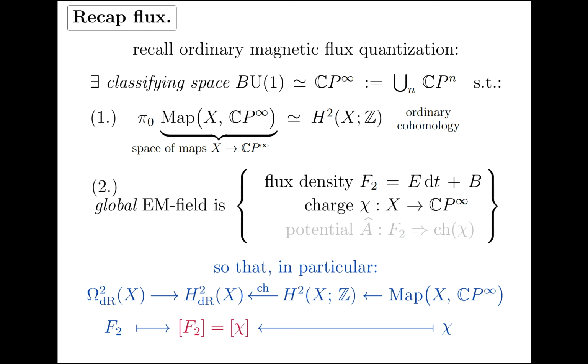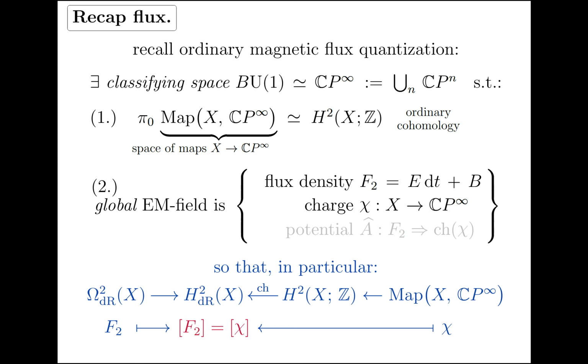And on the right hand side, we take this map from X to CP infinity, regarded by the above equivalence as defining a class in integral 2 cohomology, and then identify via the de Rham map that class in integral cohomology with a class in de Rham cohomology, which is denoted by square brackets chi here.